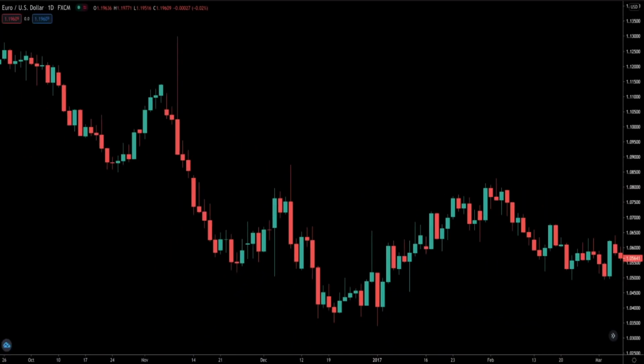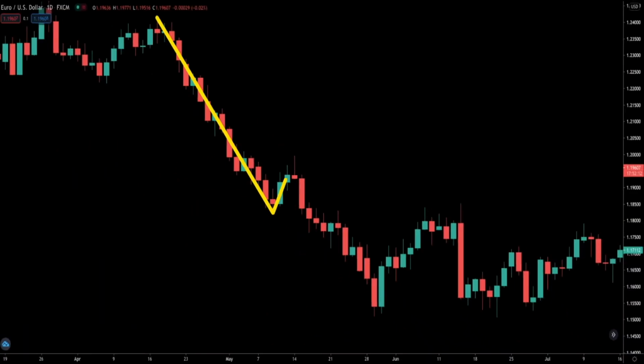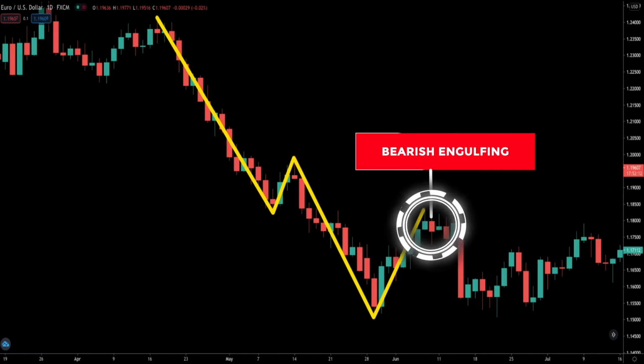Now, of course, the opposite is also true for an engulfing pattern that occurs at the end of a downtrend. It indicates that the sellers are being overwhelmed by the buyers and hence a potential trend reversal. If you were to see a bearish engulfing pattern forming in a downtrend, that's a continuation signal that the price is still bearish.